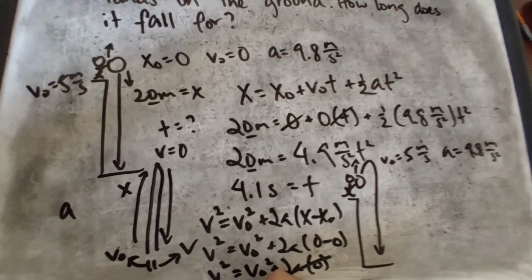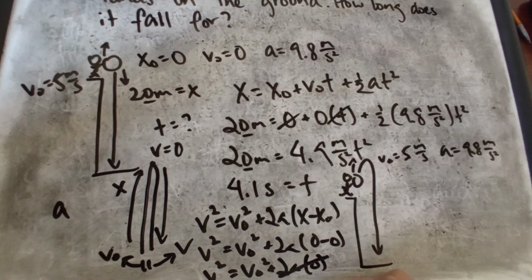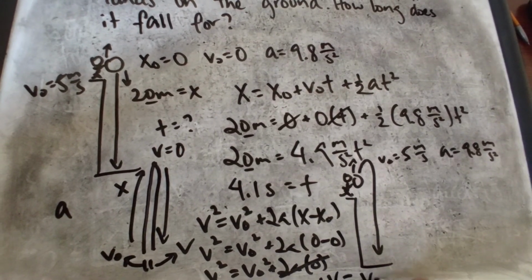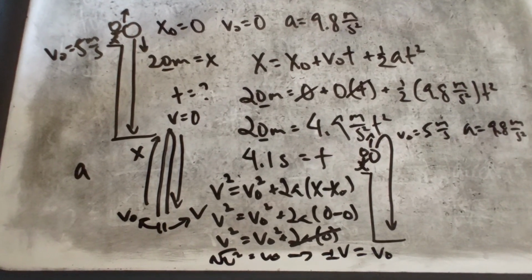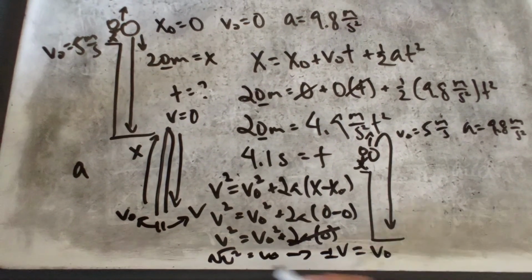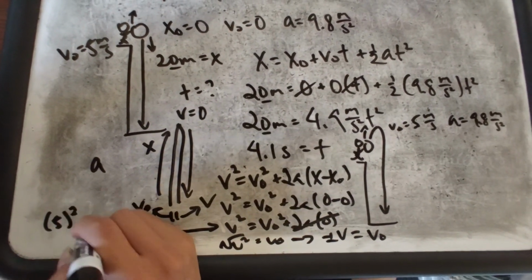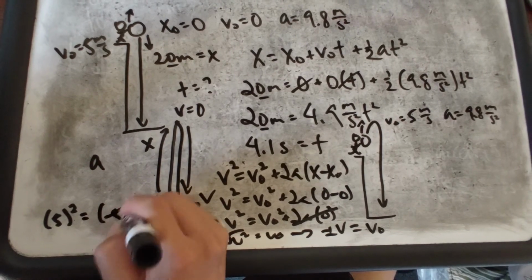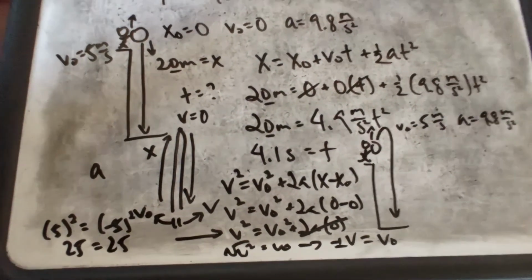And when you take the root of v squared, what you're left with is plus or minus v equals v naught, and this is basically the same value. For example, if I put in 5 squared and negative 5 squared, they're going to be the same answer, 25. I should have written meters per second.